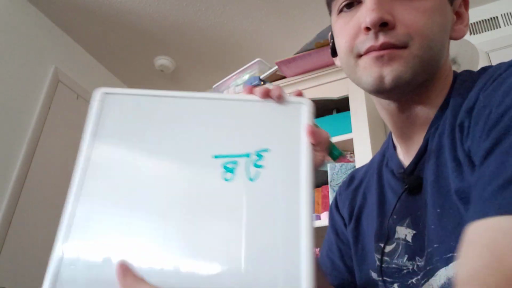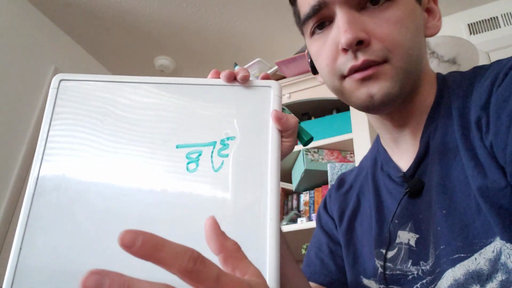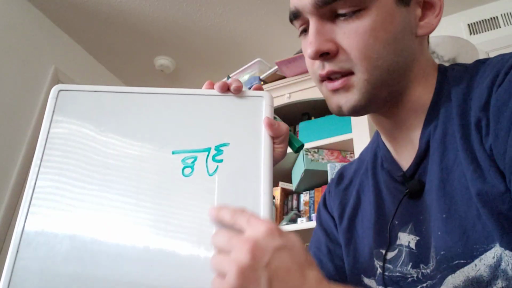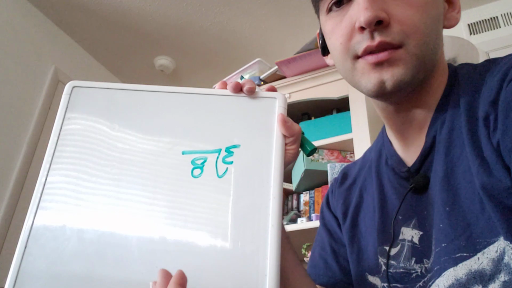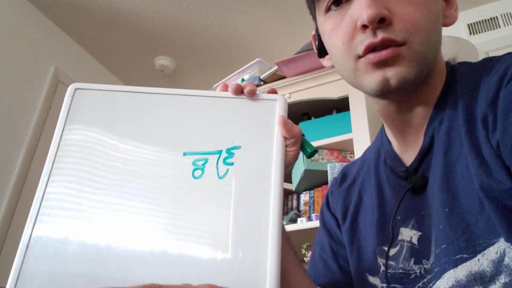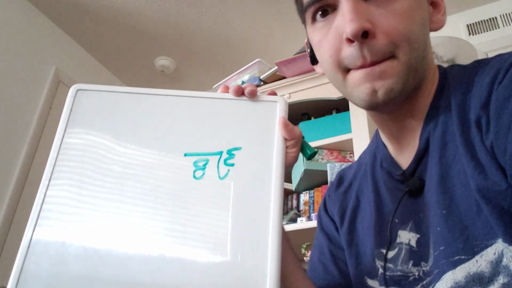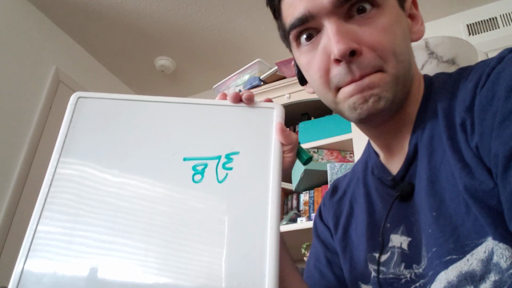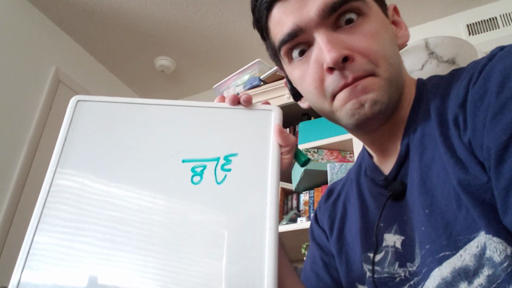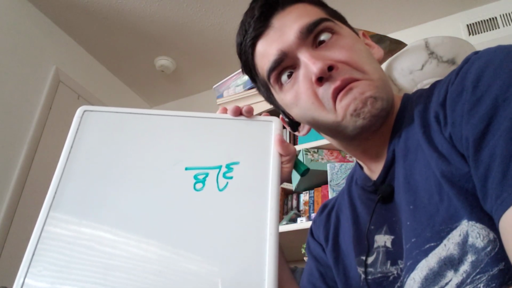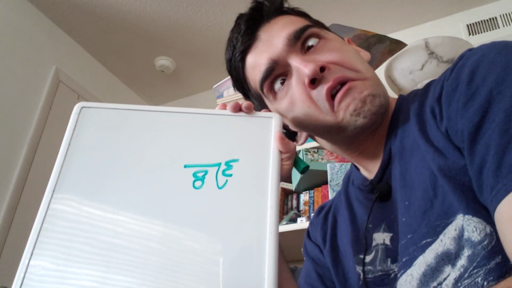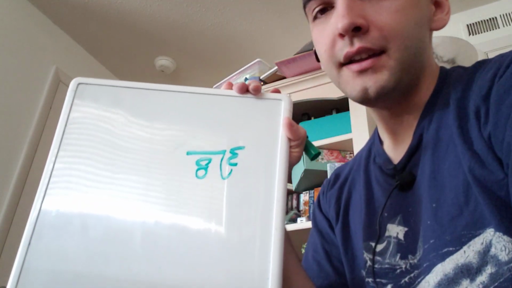Similarly, we could try and take the third root of 8. I'm going to pause so you can look at this for a second. What number do you have to multiply by itself 3 times in order to get 8? Try it in your head, try it on paper. It's 2.